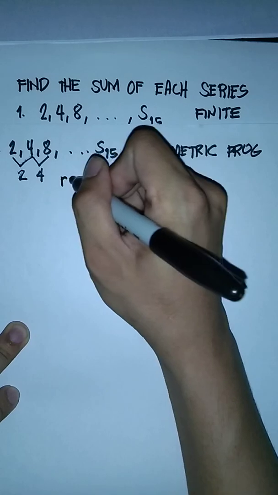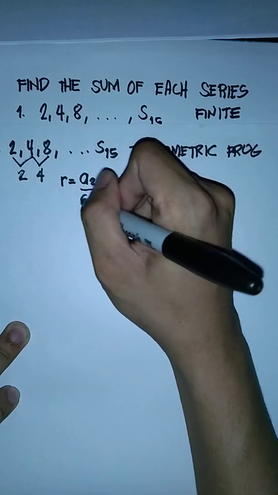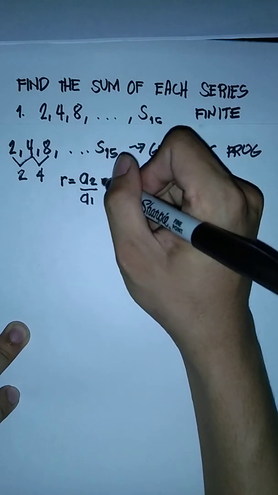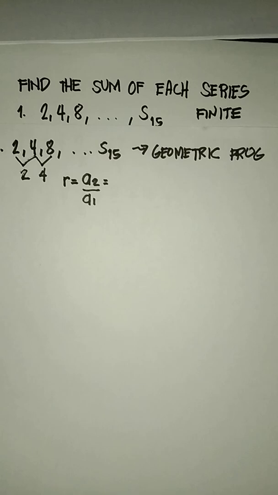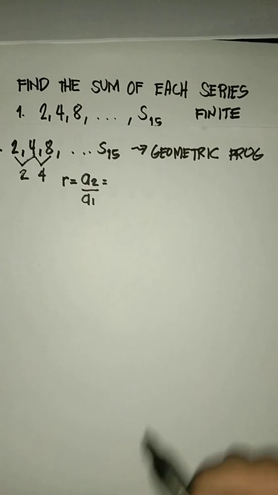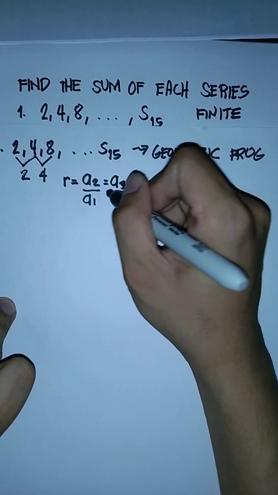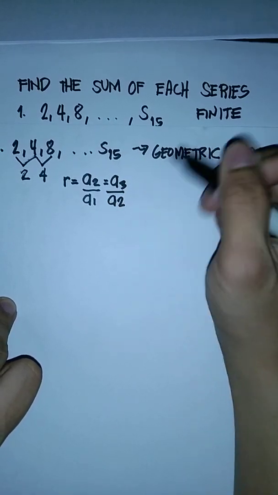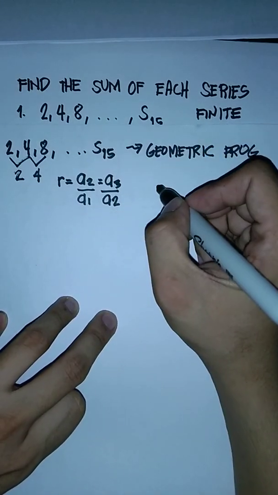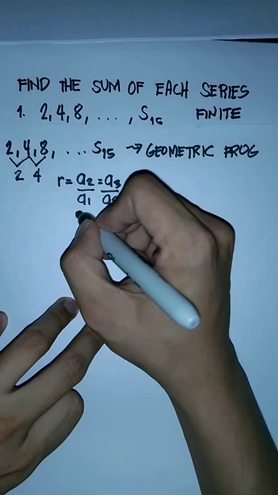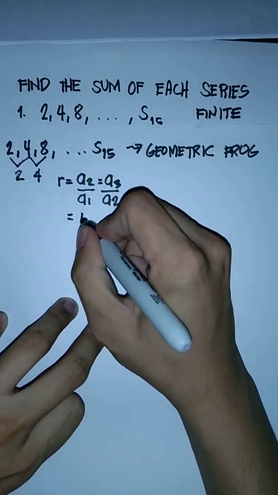So, yung ratio natin is that we have A2 over A1. And that should be equal to A3 natin over A2. So, yung A2 natin, that is equal to, yung second term natin, we have 4.